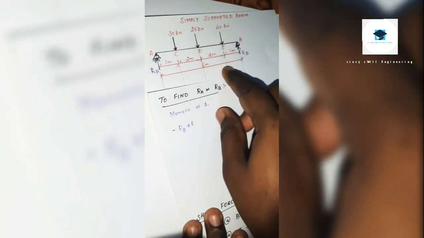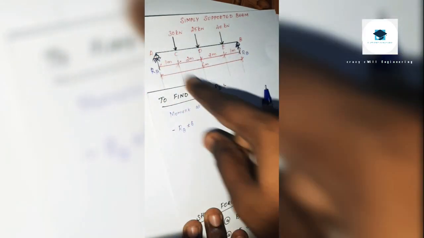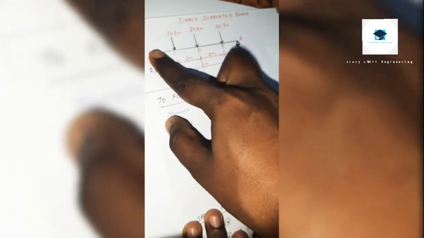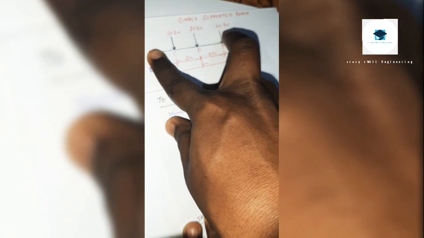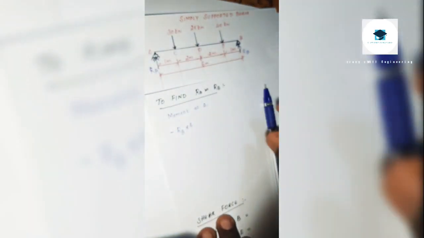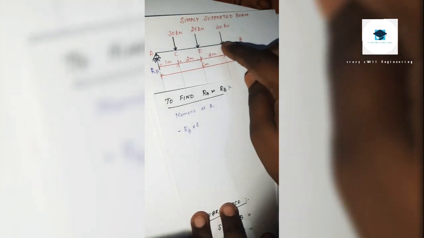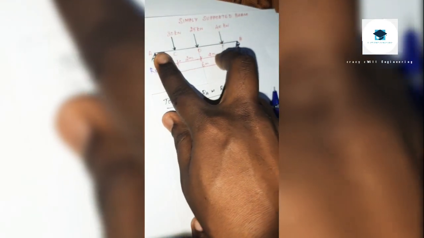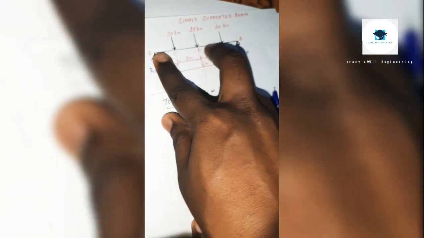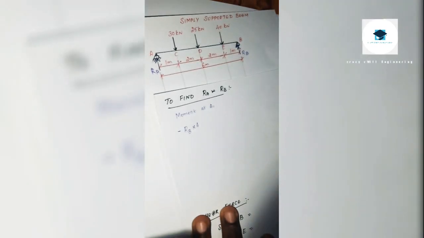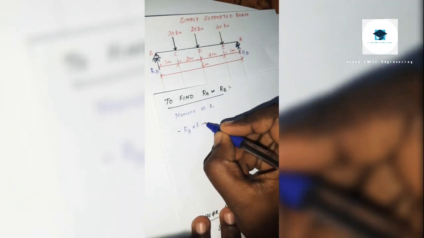Next, point load moment at A. Place one finger at A and another finger at the load. The 40 kilonewton load moves the beam towards A in clockwise direction, so put positive.